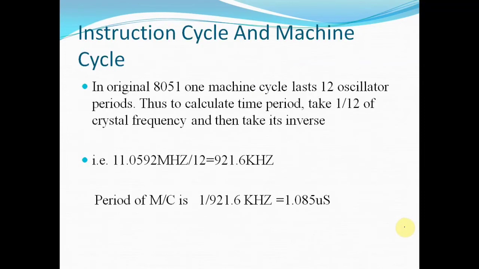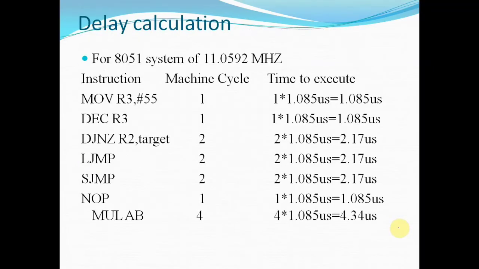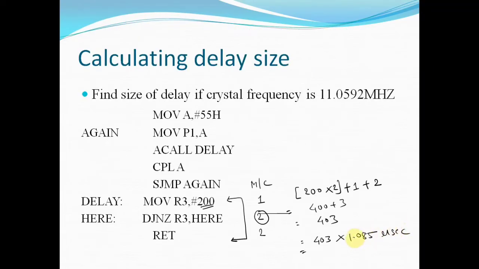So in my previous slide I have already shown you this, because we are considering the crystal frequency of 11.059. After multiplication you will get some particular delay value for this routine. So this is the single and simple loop that we are going to write if we want to generate a delay routine.